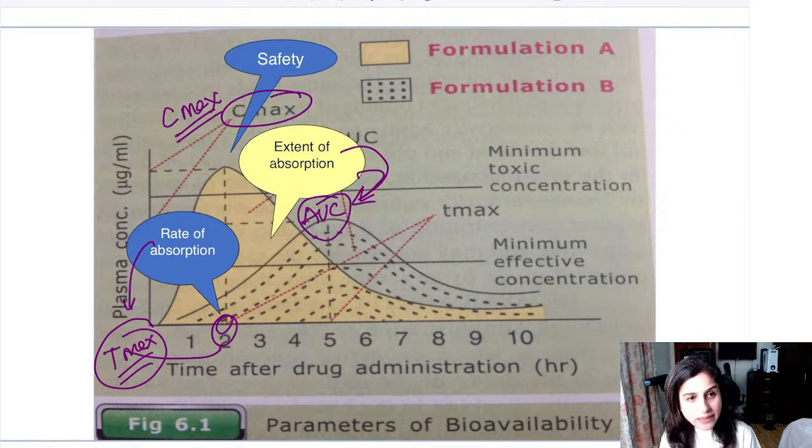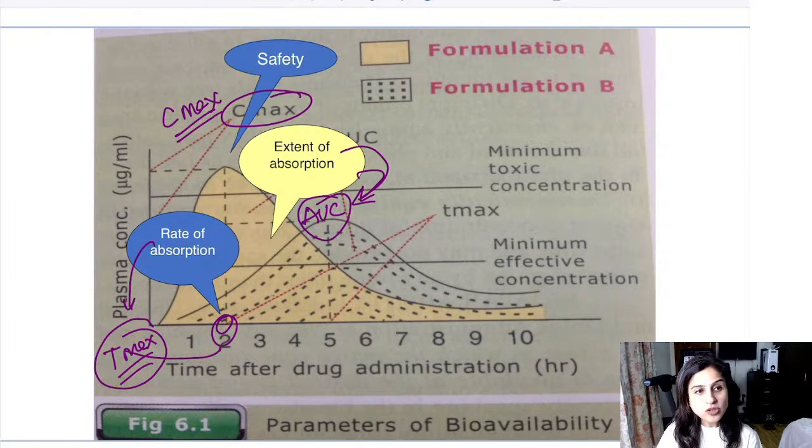Tmax is also important clinically. Suppose there are two drugs, and you're giving one to a patient who is suffering from insomnia. How fast a drug produces its action, the rate, will depend on how quickly it reaches Cmax. If it gets to the Cmax faster, obviously you'll prefer that clinically.